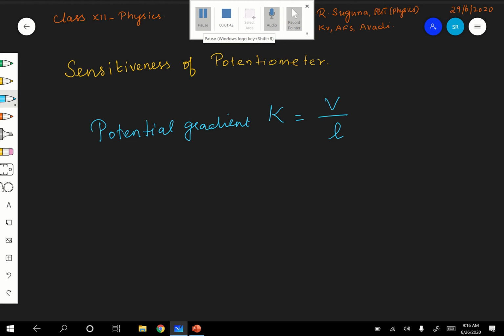If the potential drop per unit length is very small, then you can very well say its sensitiveness is high. Sensitivity of the potentiometer is very high. Are you following? Therefore, it is able to measure even a very small potential difference.